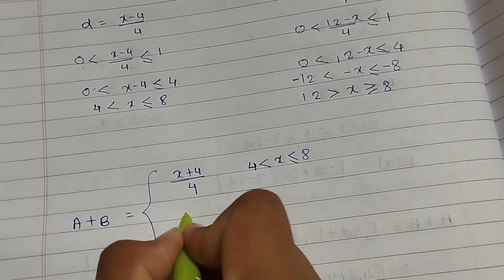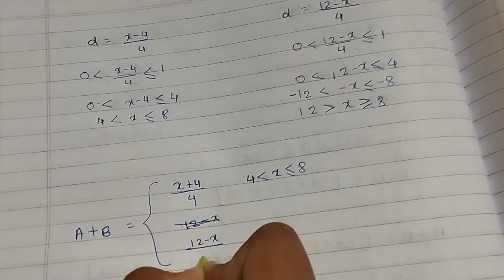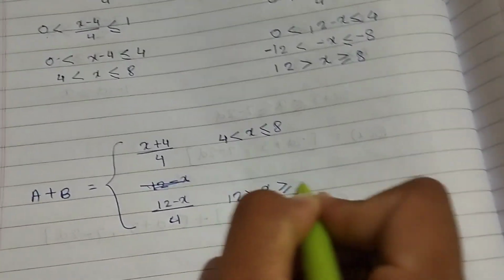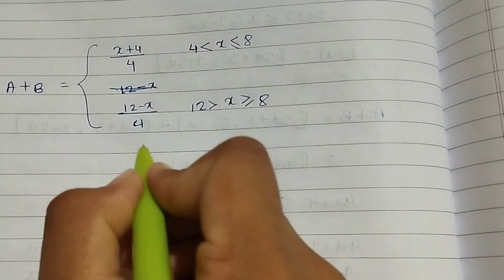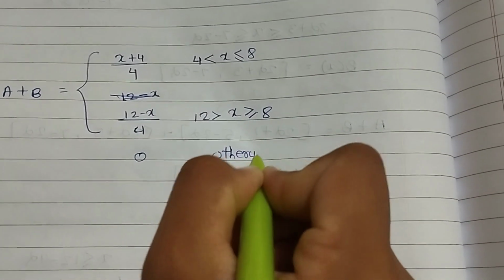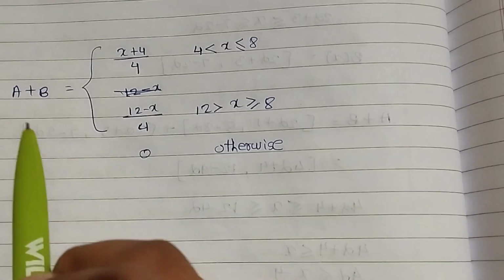Now write the second alpha, which is 12 minus x divided by 4, and the condition is 12 greater than x, greater than or equal to 8, and 0 otherwise. This is our final answer.